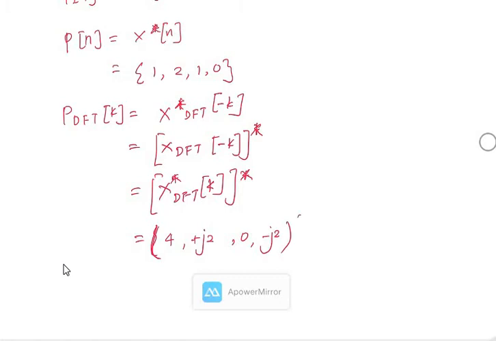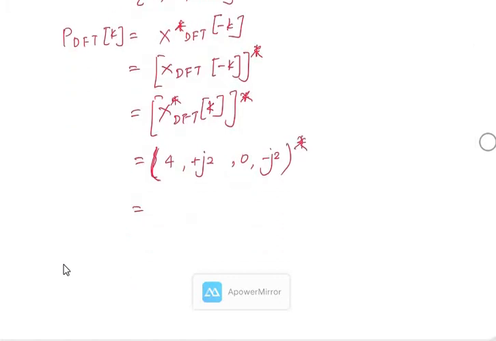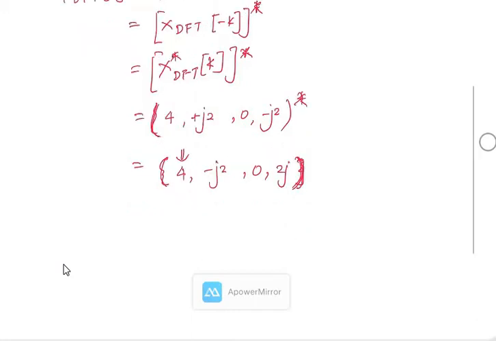And then conjugate again, when you conjugate, you get back the same value. This is the origin. So this means that since the DFT of p equals X(k), xn equals x conjugate n, which implies that xn is a real value.